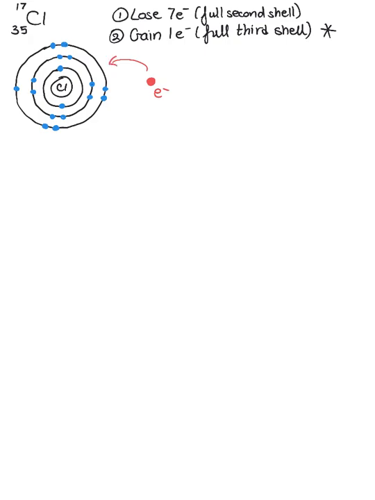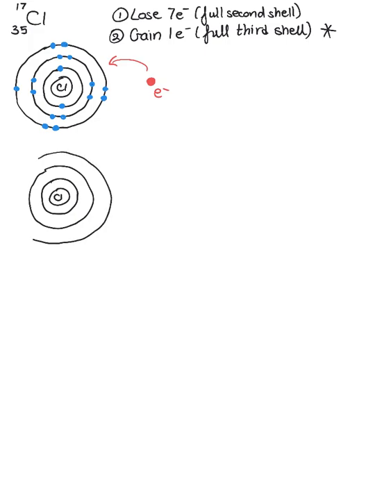So what's going to happen? What's chlorine going to look like after it gains that electron? Well, the nucleus stays the same. Shell number 1, shell number 2, and I still have shell number 3 here because it's going to have electrons in it. Nothing happens to shell number 1. That still has 2.